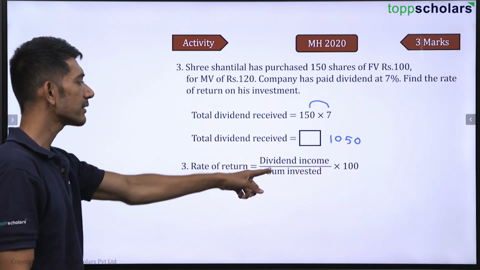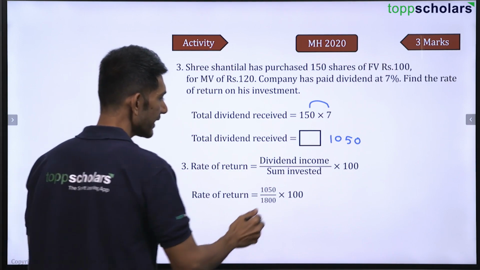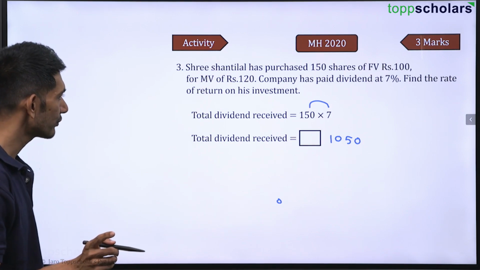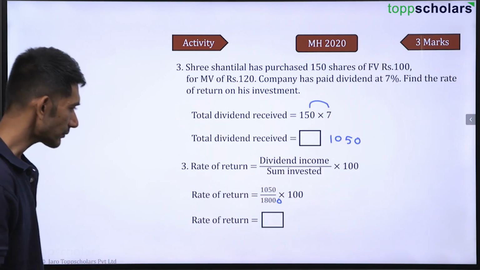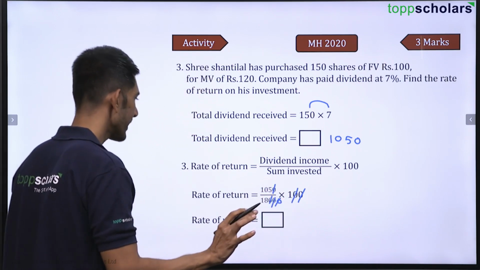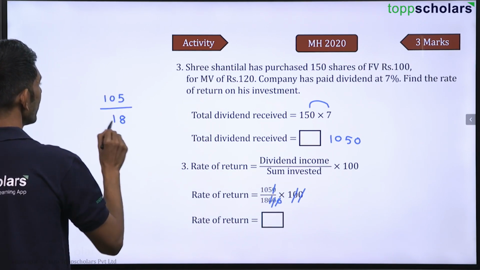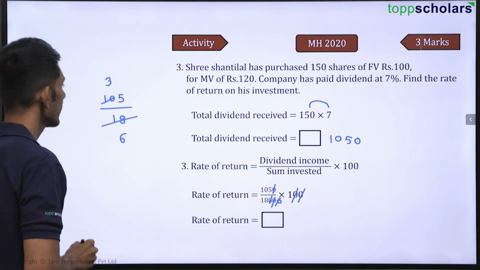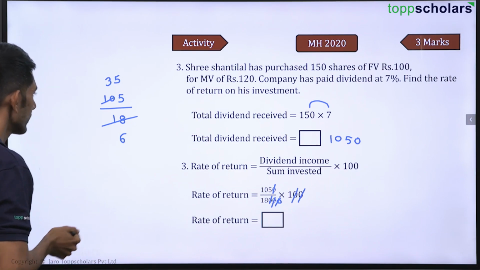And rate of return is dividend income by sum invested. So see, this is 1050 and this is 18,000, isn't it? That is 18,000. It is not 1800. Solve it. So finally you get 105 divided by 18. Again, if I divide this by 3, 3 6s are 18, 3 3s are 9, 3 35s are 105.